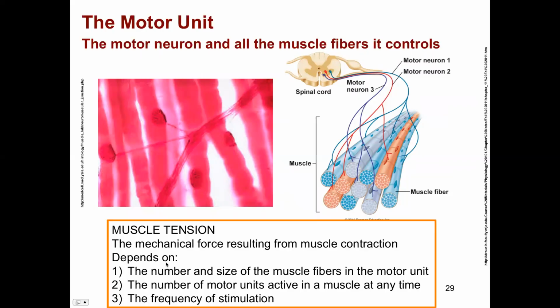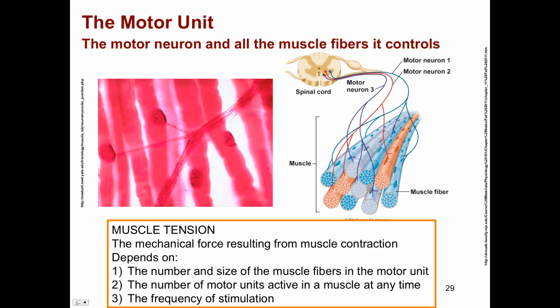The amount of muscle tension provided by the motor unit is going to depend on the number and size of the muscle fibers in the unit. The other thing you should notice is that the fibers associated with one particular unit can be throughout the muscle. The number of motor units active at any one time in a particular muscle will also depend on the full muscle tension, as will the frequency of stimulation.